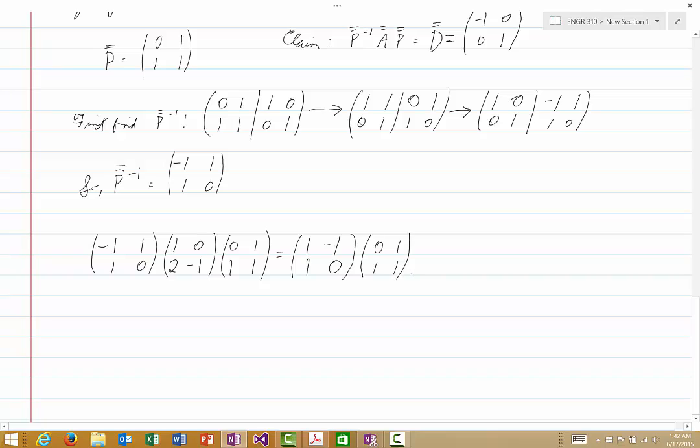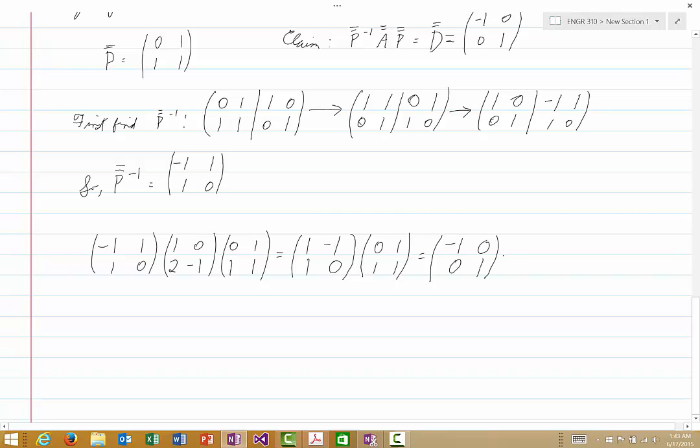And then we just bring the third matrix along. And now let's do this multiplication. 1 times 0 is 0, plus negative 1 is negative 1. 1 times 1 is positive 1. Negative 1 times 1 is negative 1. Positive 1, negative 1 is 0. 1 times 0 is 0. 0 times 1 is 0. 0 plus 0 is 0. And then finally, 1 times 1 is 1, plus 0 times 1 is 0, and 1 plus 0 is 1.